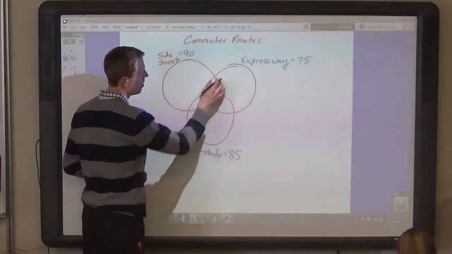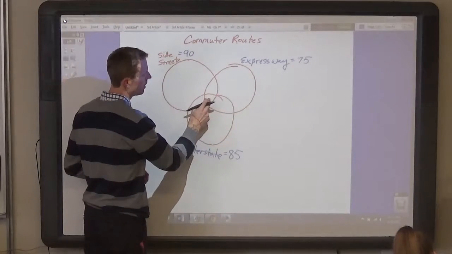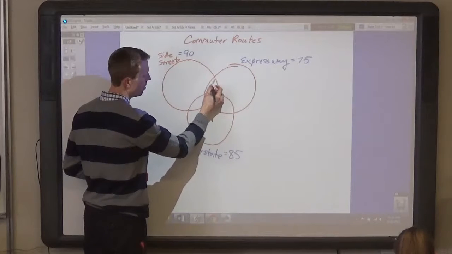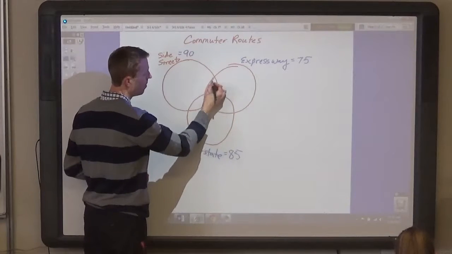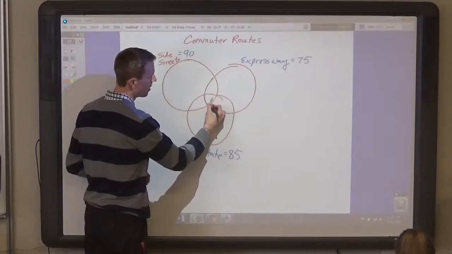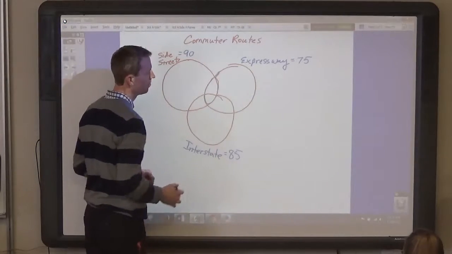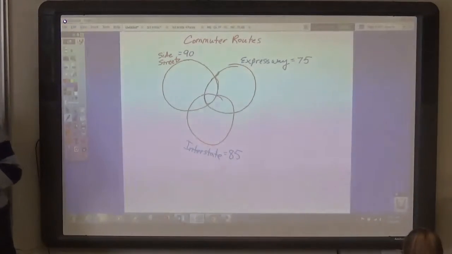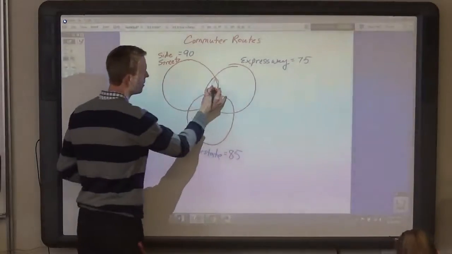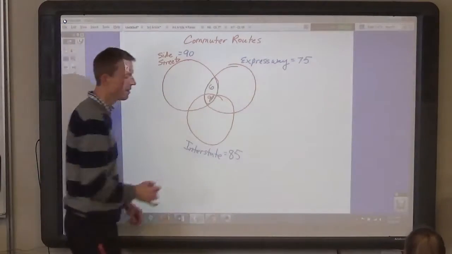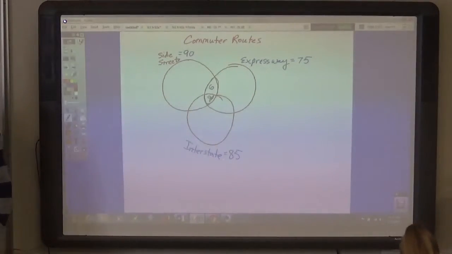So both of these are in side streets and expressways. So there's 15 in this section. And you should copy that they have broken down to 6 and 9. They give that to you. 6 and 9 are in that category. But it just says 15. Okay?